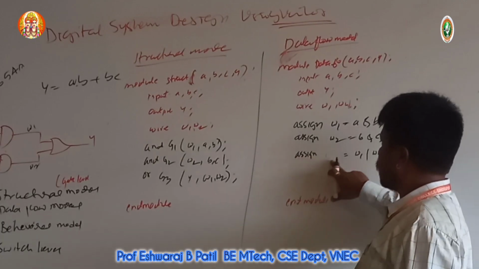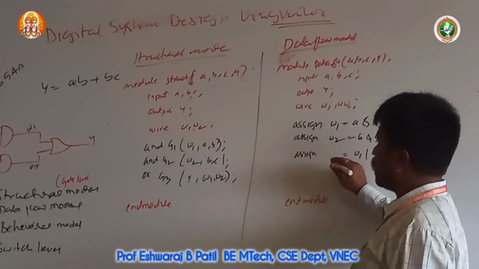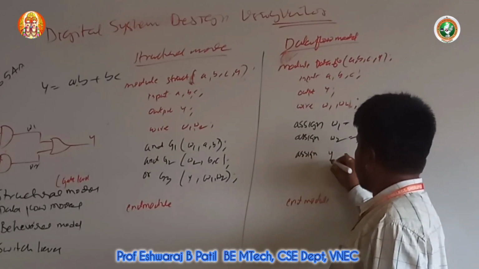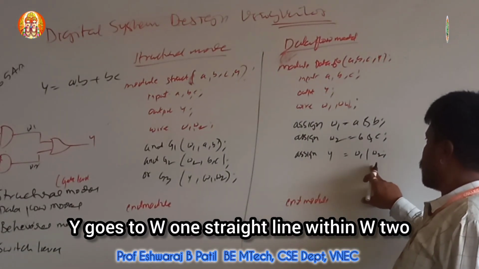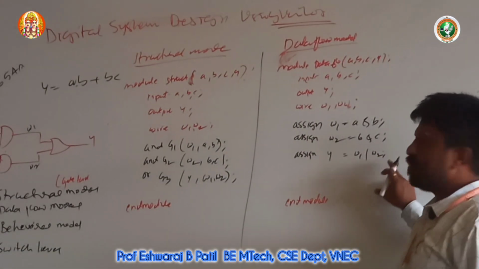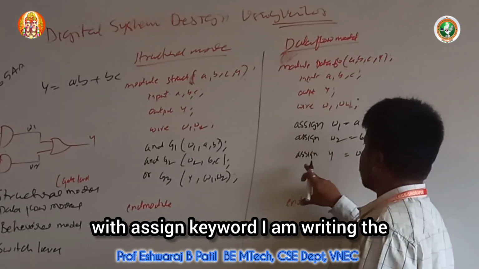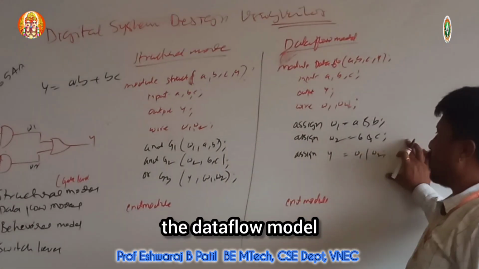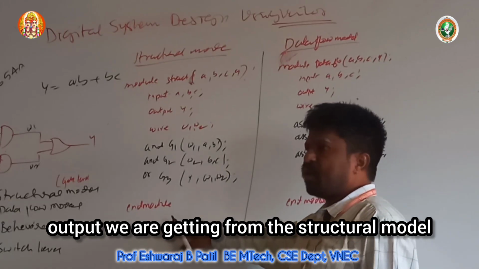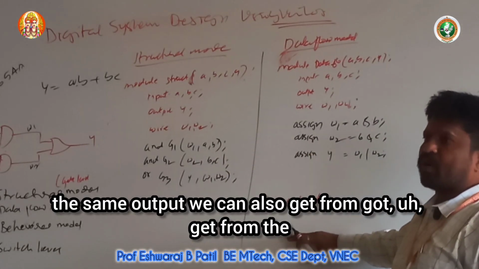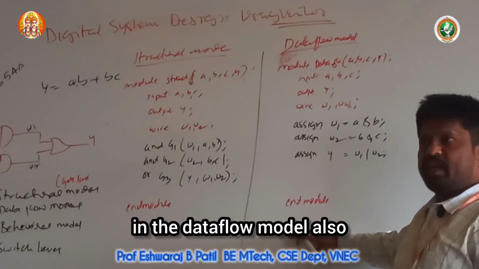Y goes to W1 straight line W2. It's the OR gate. This is what we are writing with the assign keyword, the data flow model. Whatever output we get from the structural model, we can get the same output in the data flow model also.